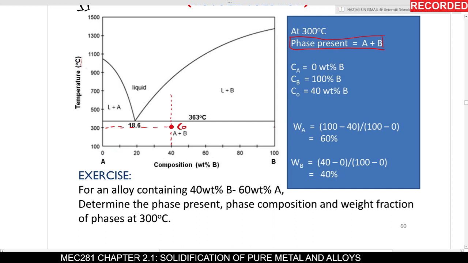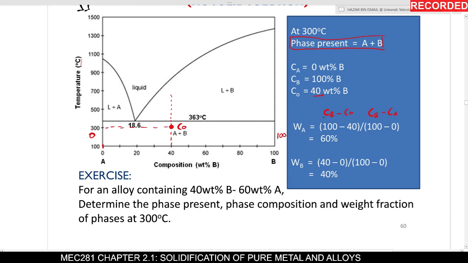So if you still want to calculate, okay, let's try to calculate. CA here at this point is 0, and this one is 100, right? So our point here is 40. So 100 minus 40, WA is CB minus C0 over CB minus CA.